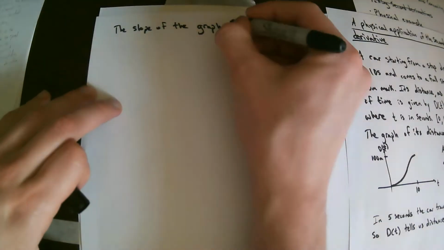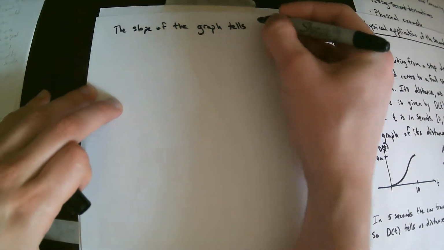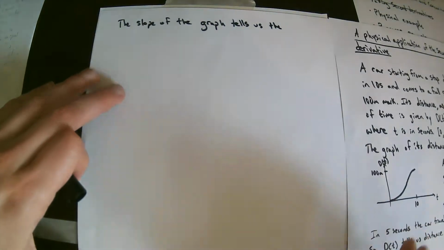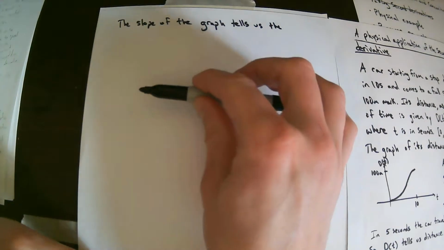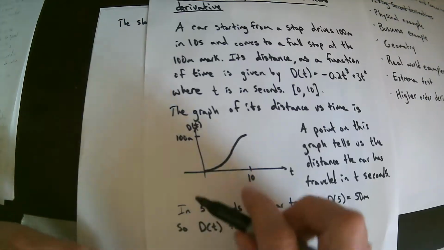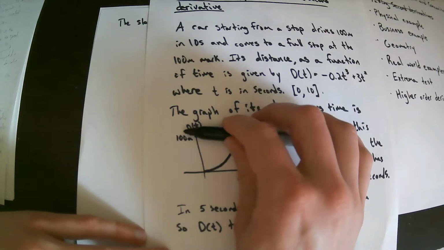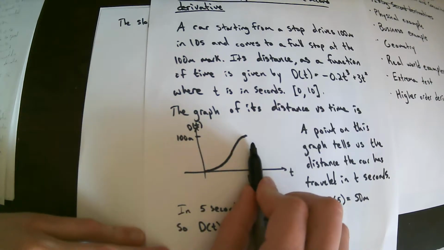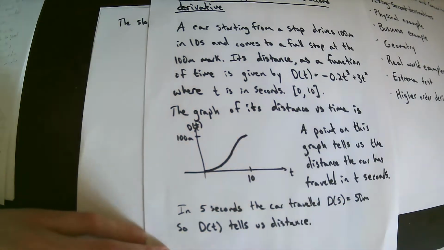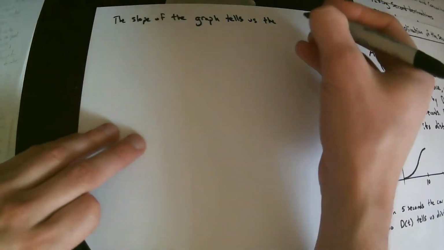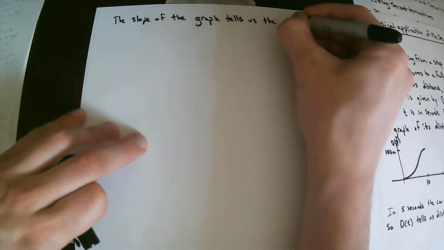The slope of the graph tells us, well, what is slope, right? Slope is change in y values over change in x values, but that's change in distance divided by change in time. That's speed. That's meters over seconds, meters per second. That's a rate. That's a speed. So the slope of the graph tells us the speed of the car.